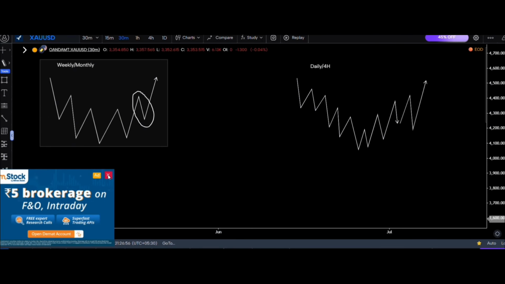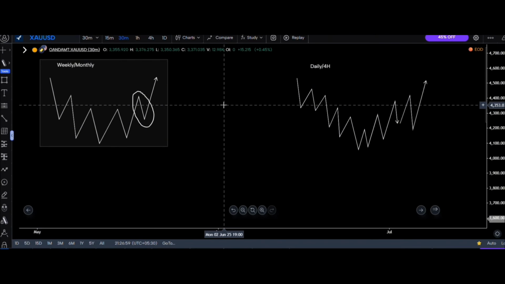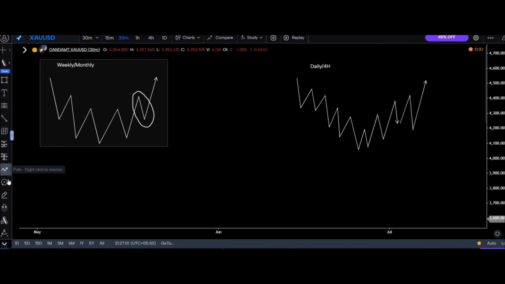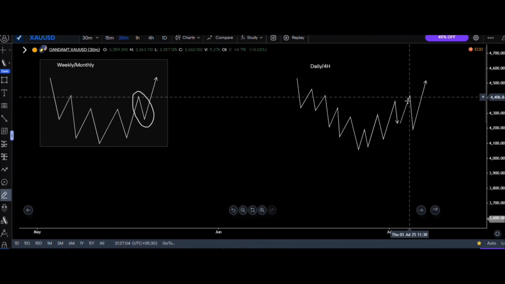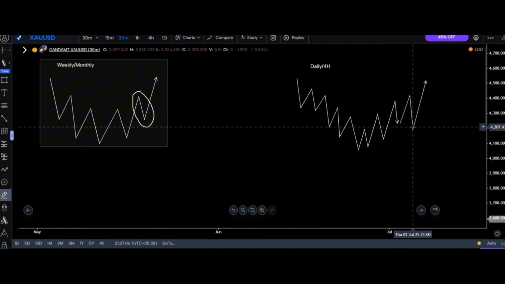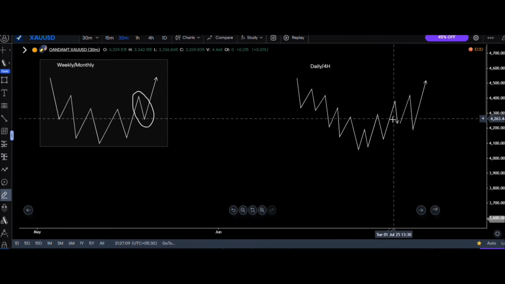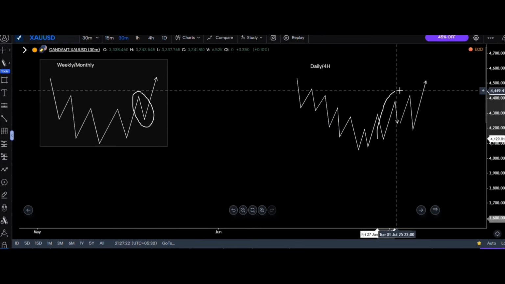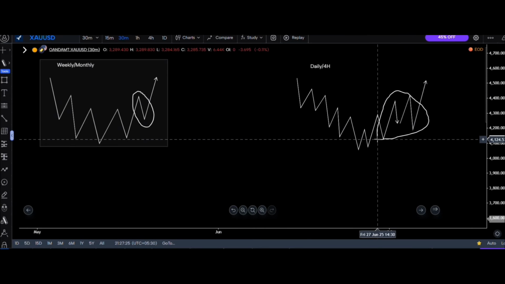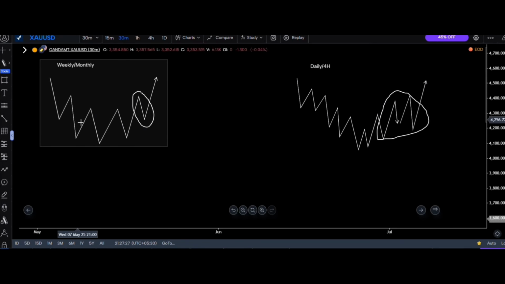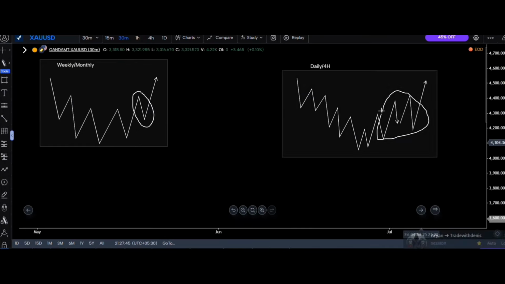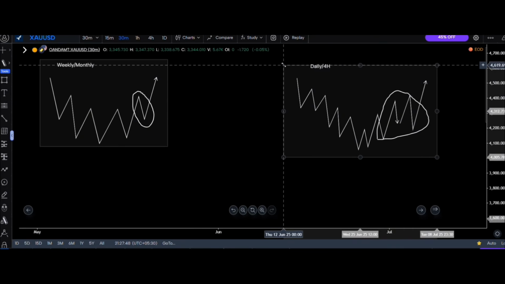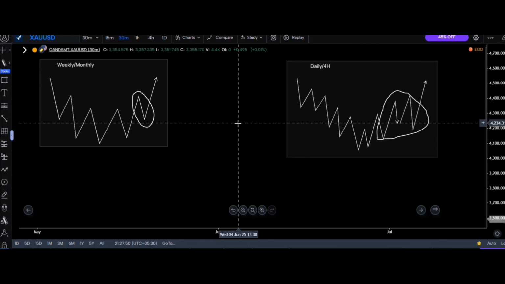When this leg is down here, this zone right here is this downtrend. This was the daily and 4 hour time frame.